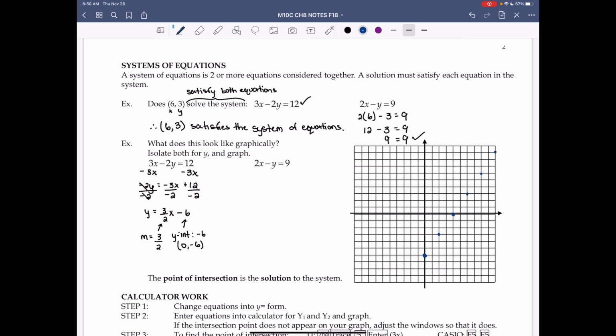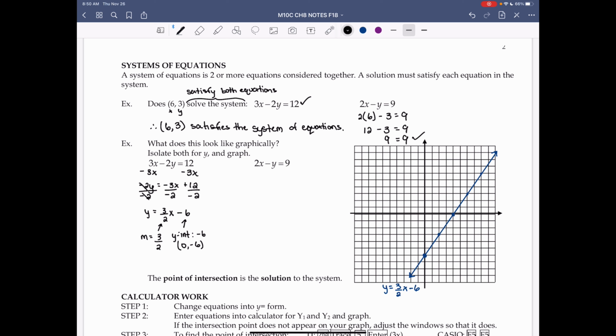I can also go down 3 and left 2 from my y-intercept, and then join my points together. And that is our graph of y equals 3/2x minus 6.